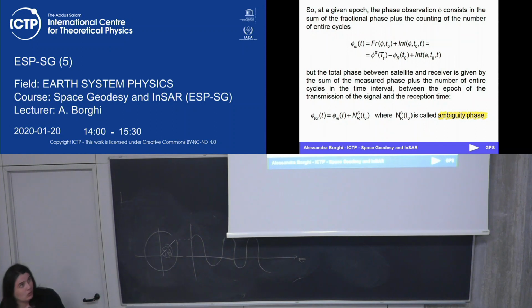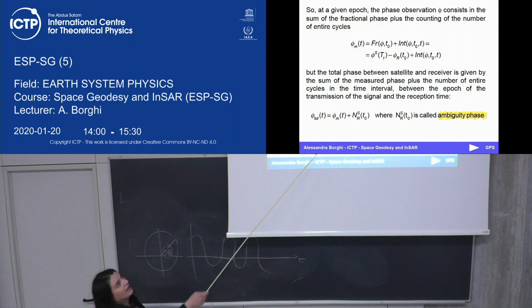If we want to do the same with the phase, we can see that we have another unknown: this integer number of cycles. We have the 3 coordinates for the position of the receiver, we have the synchronization error, but we also have this quantity.